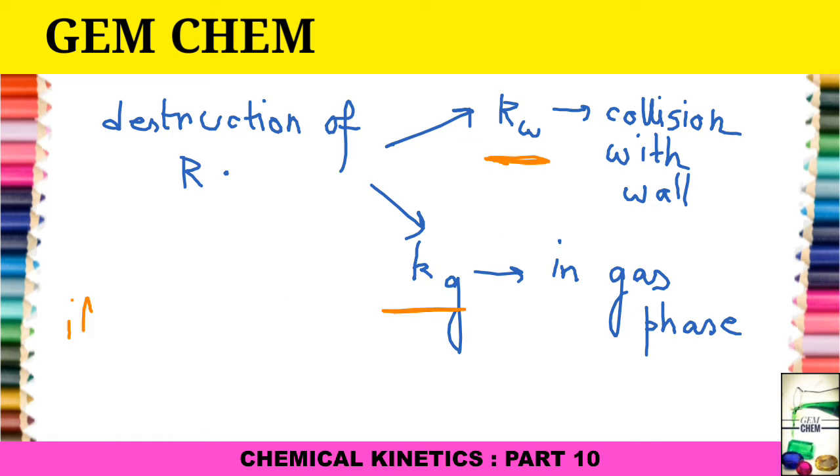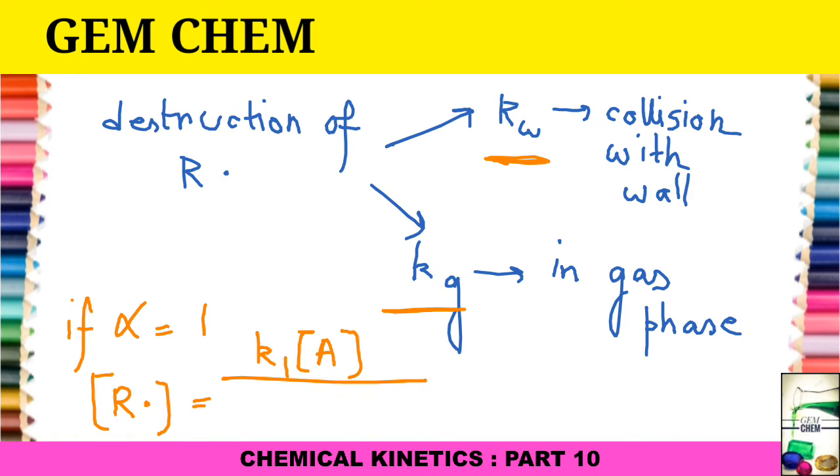So these are the two reasons, and these destruction processes have their own rate constants, right? So if we consider alpha equal to 0, then the concentration of R dot can be replaced like this, that is K1 A concentration divided by Kw plus Kg. So here it is the rate of destruction of radical in the chain termination step.